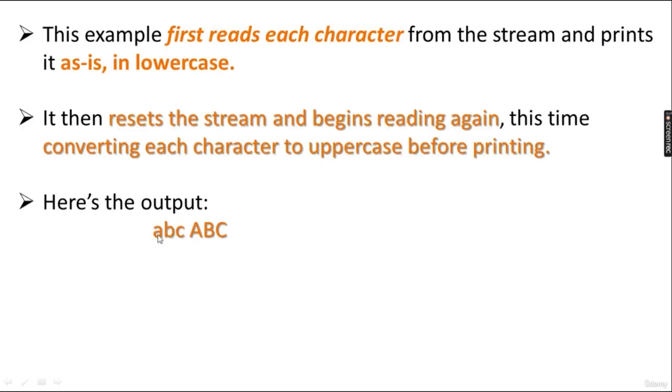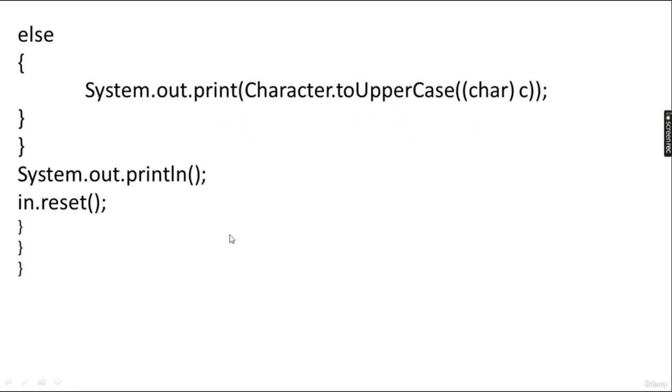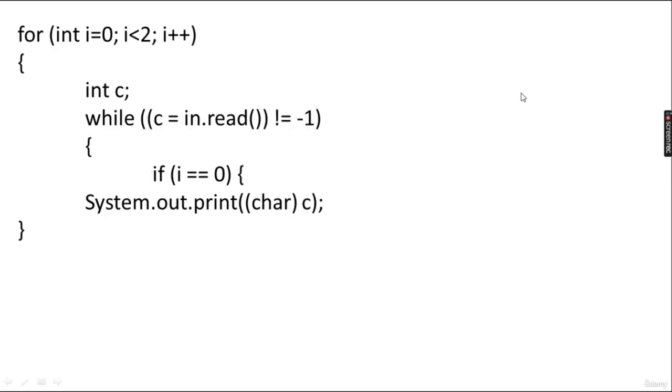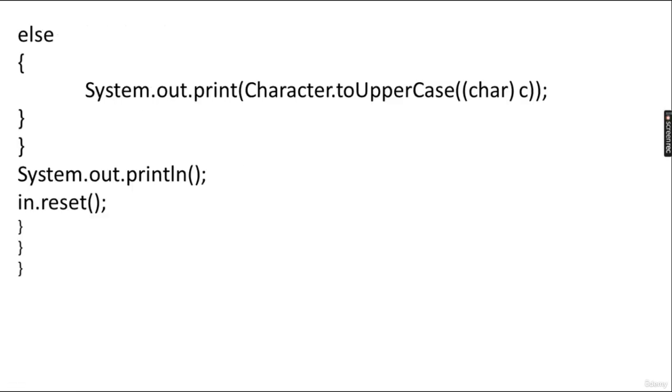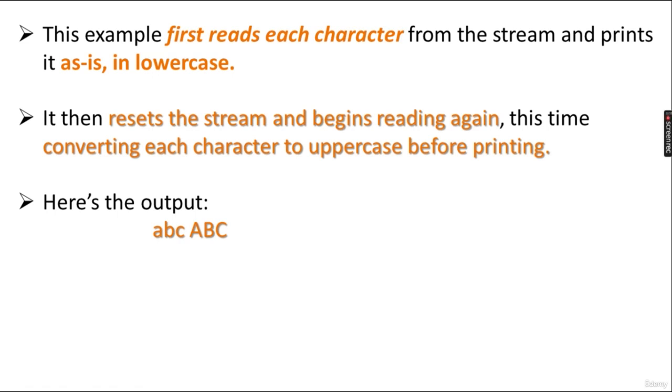So first we will write down lowercase a, b, c, and next will be capital A, B, and C. Character.toUpperCase will change it to uppercase characters. The first pass reads each character from the stream and prints it as is in lowercase, then resets the stream and begins reading again, this time converting each character to uppercase before printing.